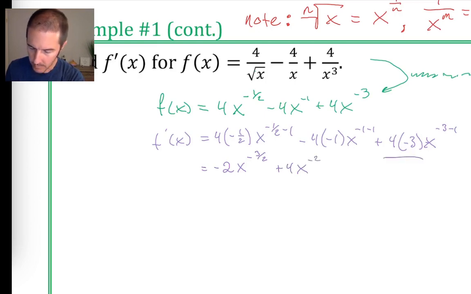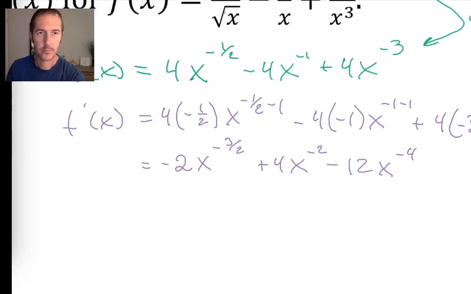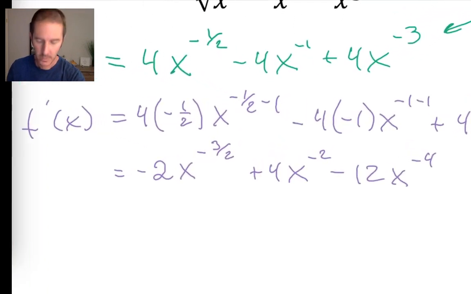Double negative, or sorry, a single negative there. A positive times a negative makes negative. 4 and 3 makes 12. And x to the negative 4th power. You could present this as your final answer. This does say negative 3/2, by the way.